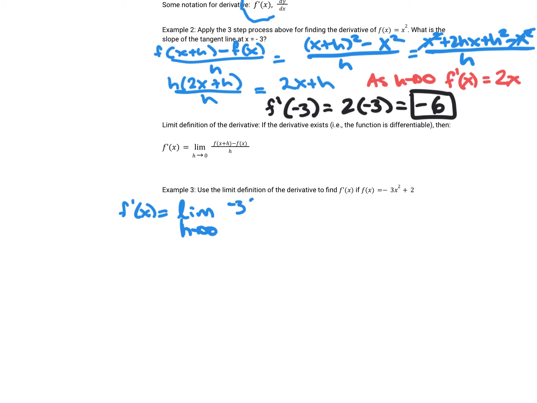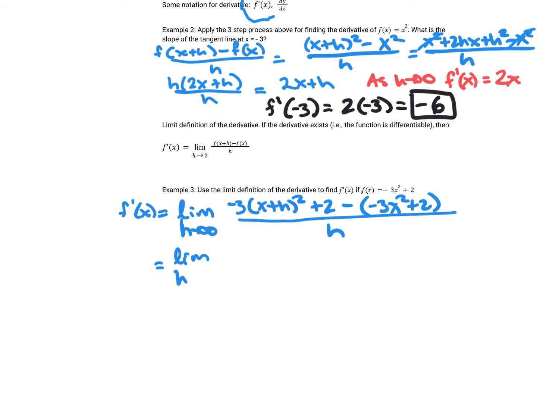So -3 times (x plus h) squared plus 2, minus the function itself, so minus (-3x squared plus 2). I always put those parentheses just to remind myself I've got to distribute that negative. Okay, so this is the limit as h goes to 0 of -3 times (x squared plus 2hx plus h squared) plus 2. Then I'm going to have plus 3x squared minus 2.